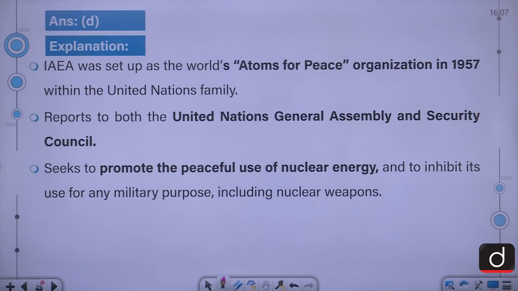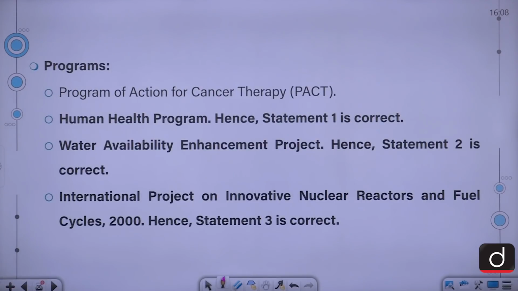So, IAEA was set up as the World's Atoms for Peace Organization in 1957 within the United Nations family, and it reports to both the United Nations General Assembly as well as the Security Council. It seeks to promote the peaceful use of nuclear energy and to inhibit its use for any military purpose, including nuclear weapons.